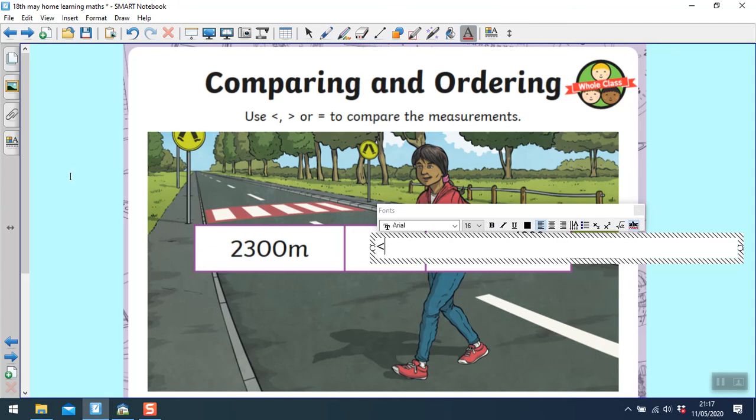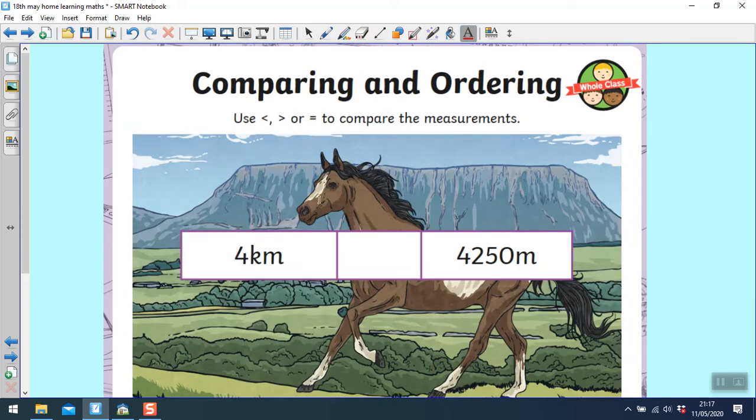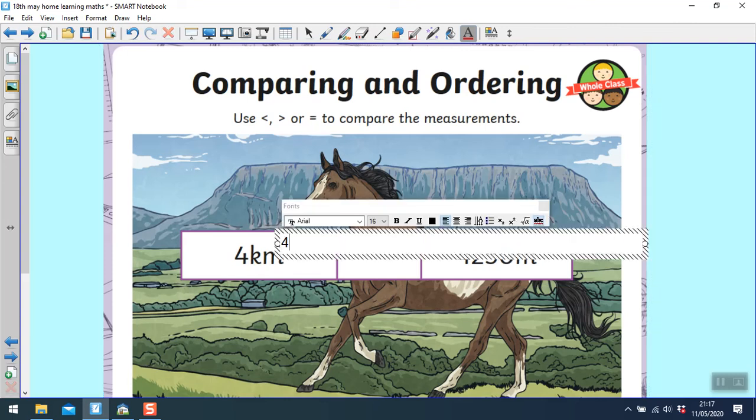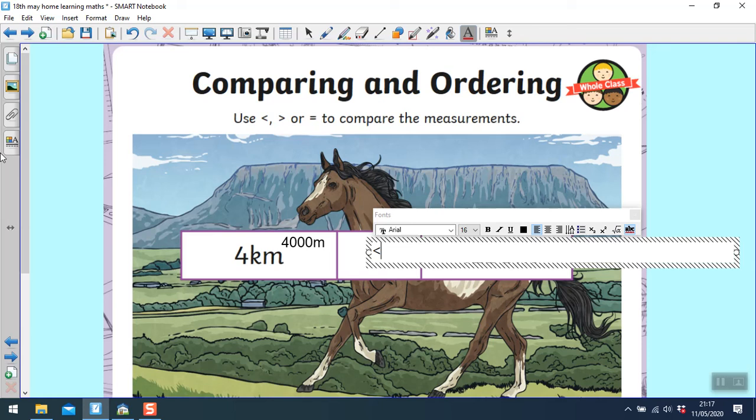My open mouth is pointing towards the biggest number. 4 kilometres, 4,250 metres. Again, let's turn the 4 kilometres into metres. So by timesing it by 1,000, 4,000 metres. So 4,250 is bigger than 4,000. So my crocodile will eat the biggest number.